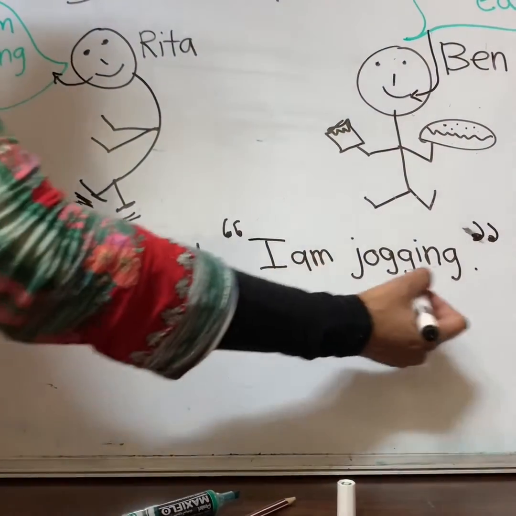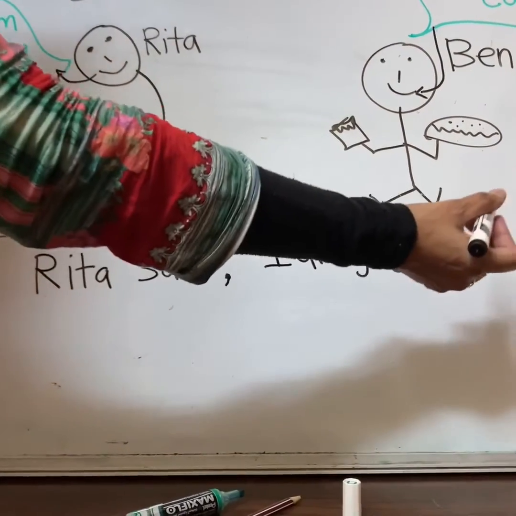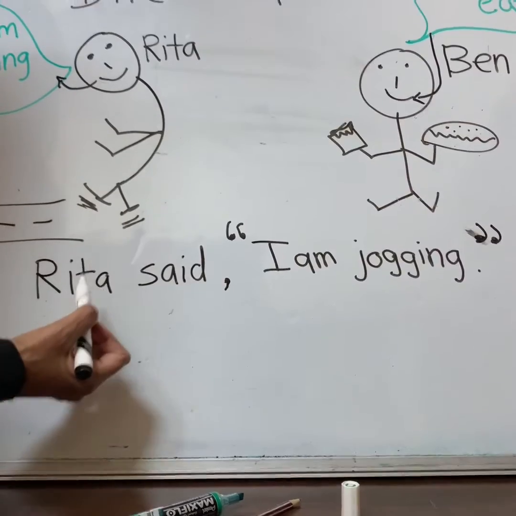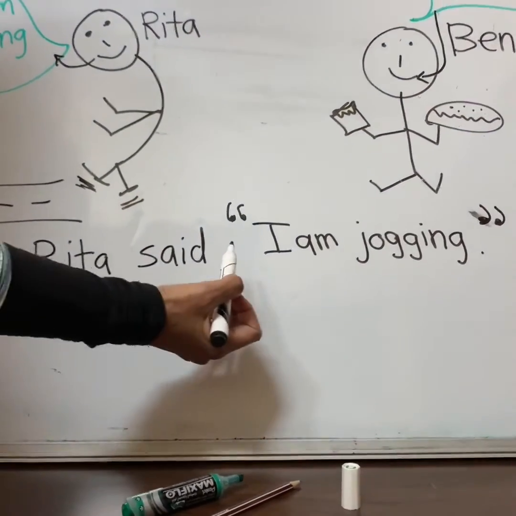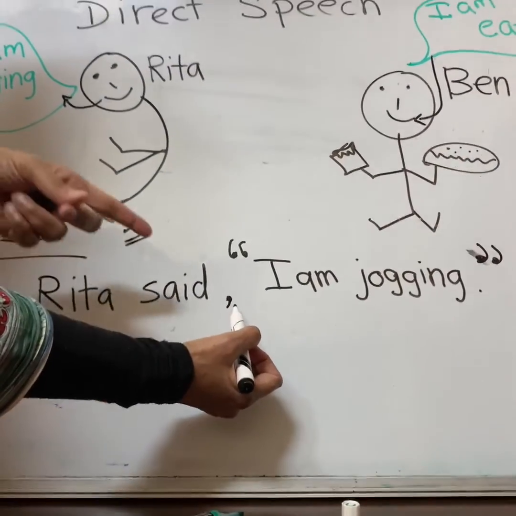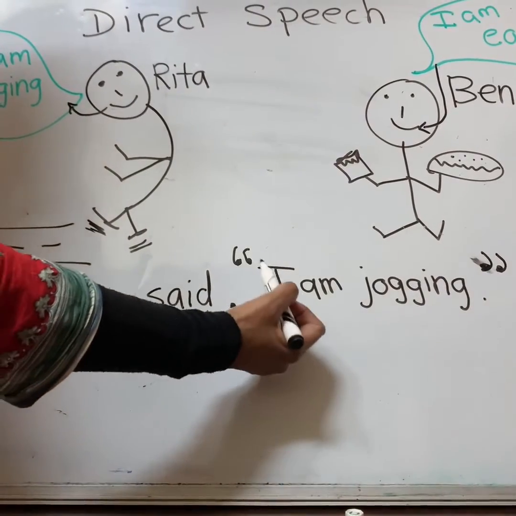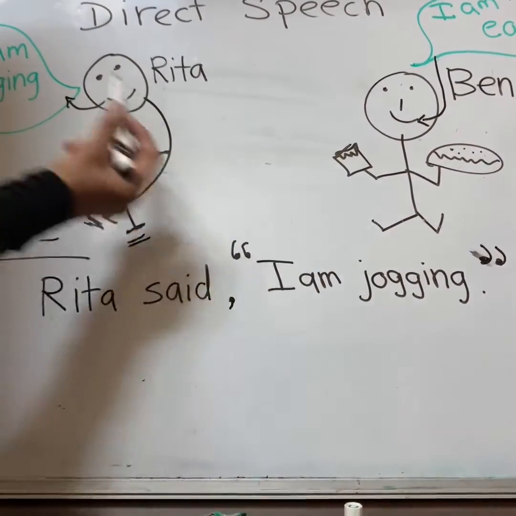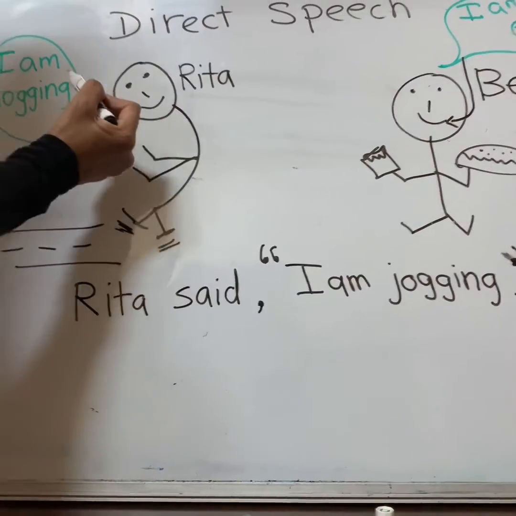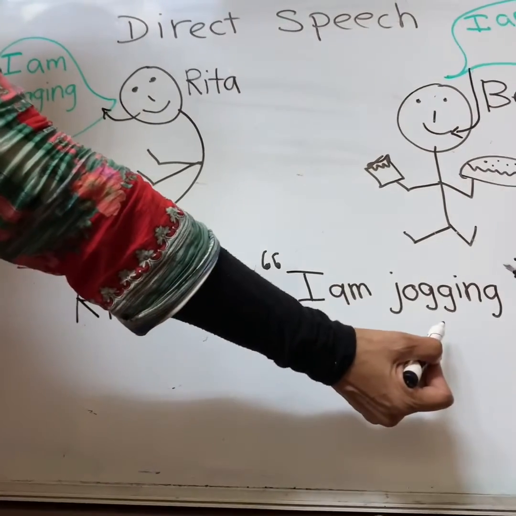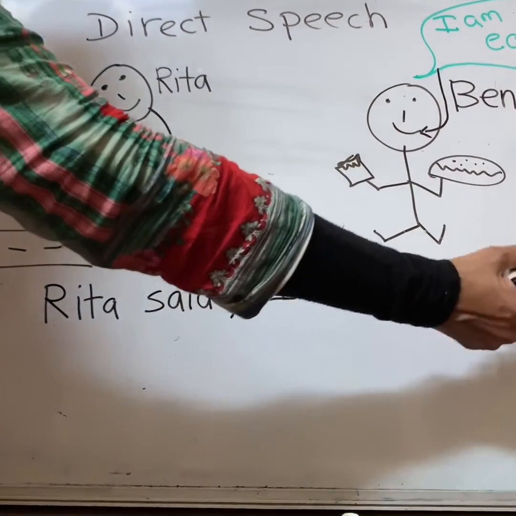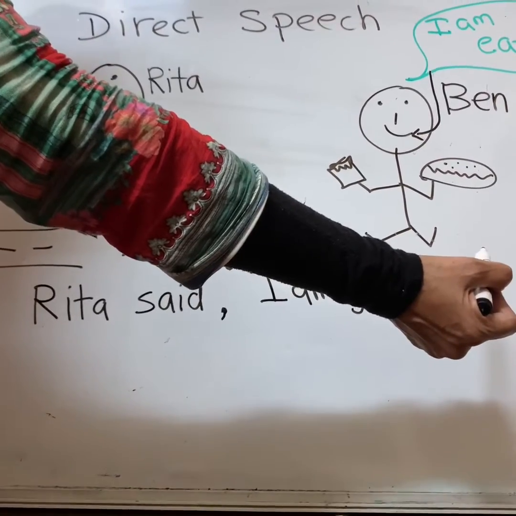So you can see Rita said, I have given a break by using a comma, and then I open up the speech marks. I put her words, what she said exactly here, I'm jogging, and I'm closing it with the speech marks. Okay?